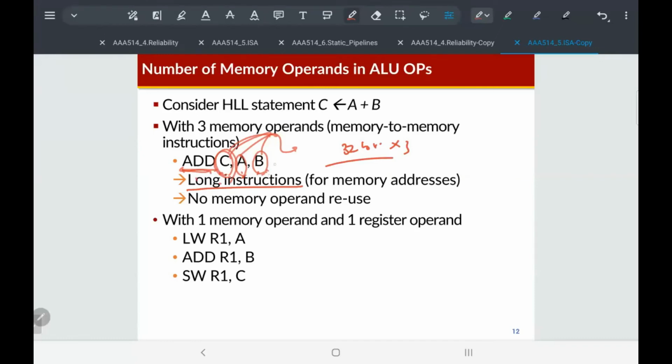Another problem is that this data is not reused. The data is read from the memory, and then the data is stored to the memory. So even though we use this data from A and B, this data is not stored in the register file. That's another problem.